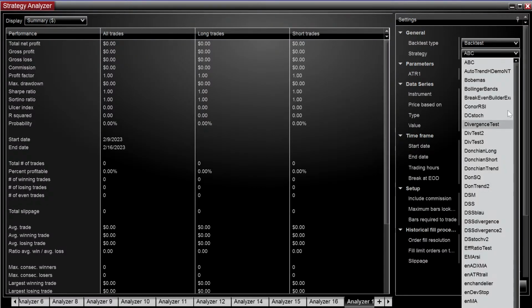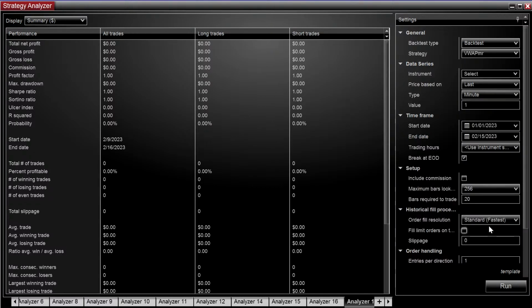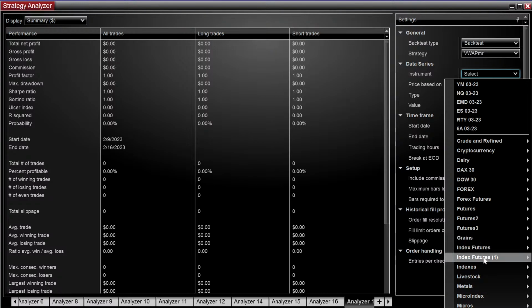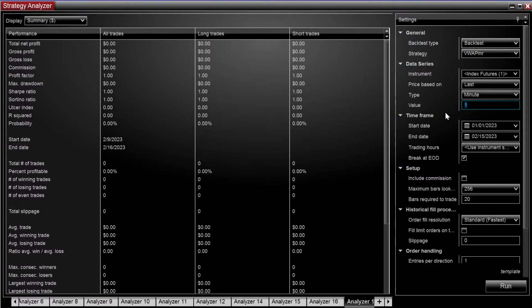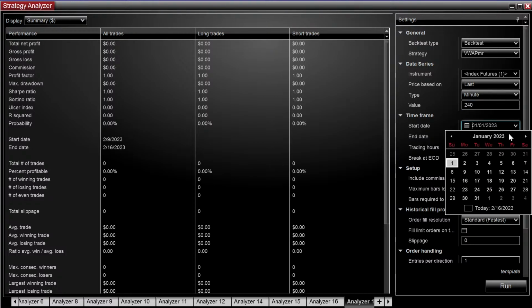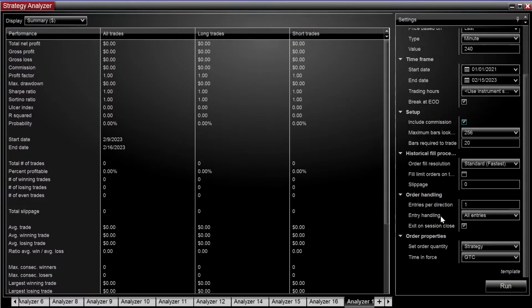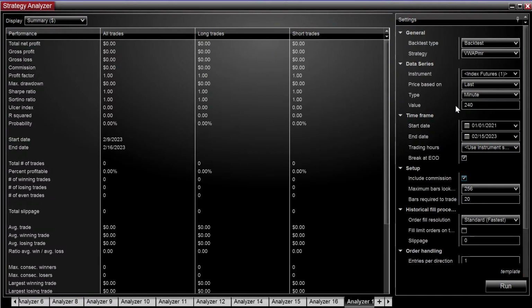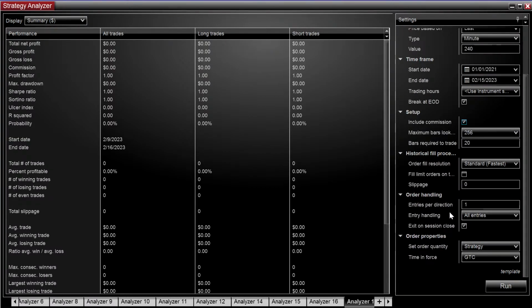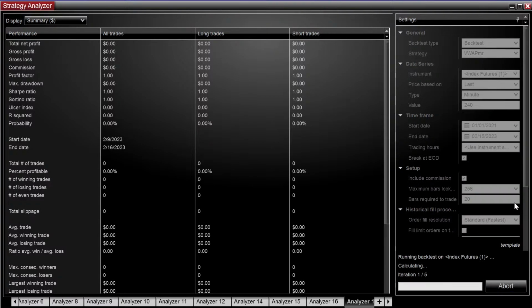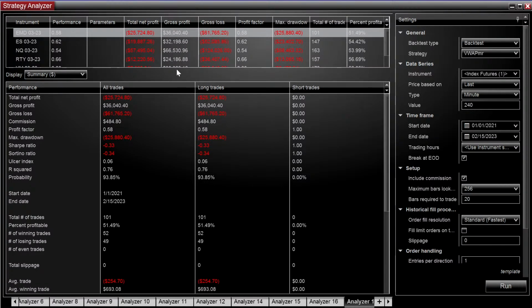This is the VWAP MR. Let's choose the indexes. Start off on the 4-hour chart. Past 2 years, include commission. And let's make sure it's operating correctly.